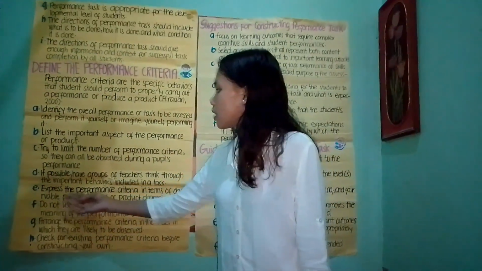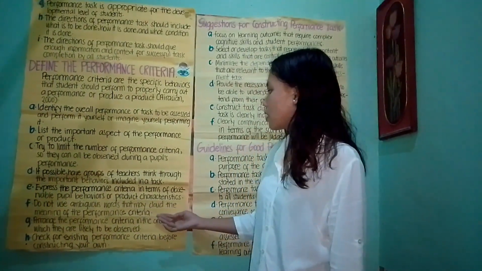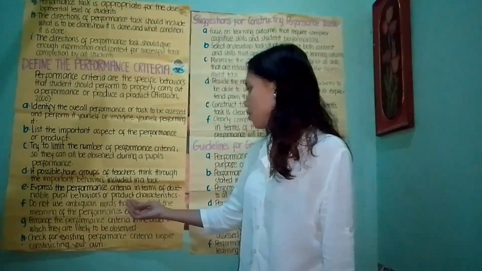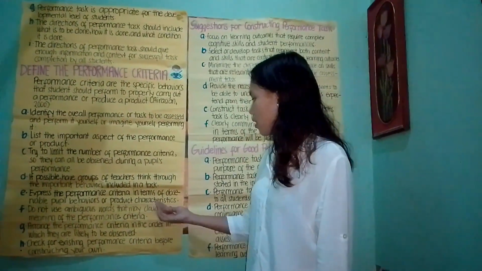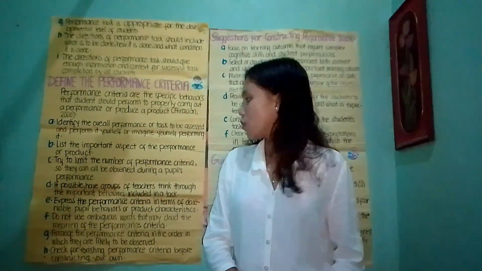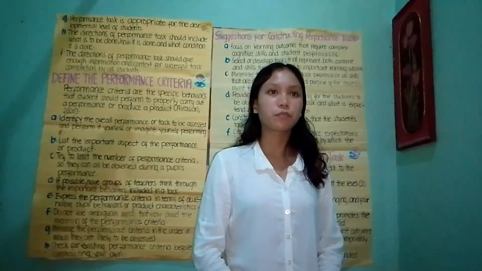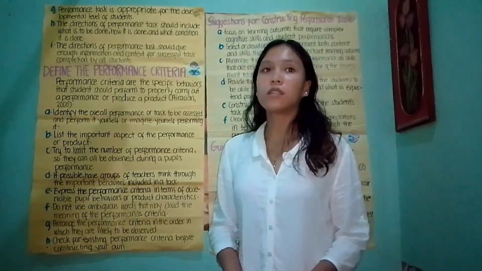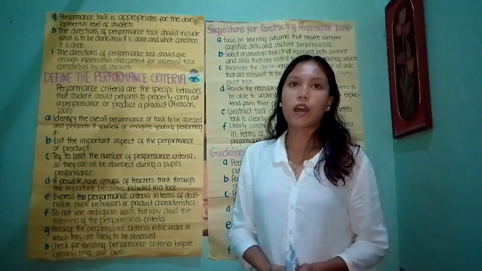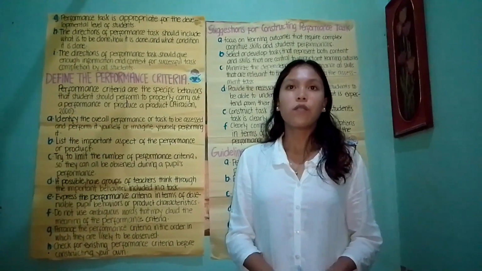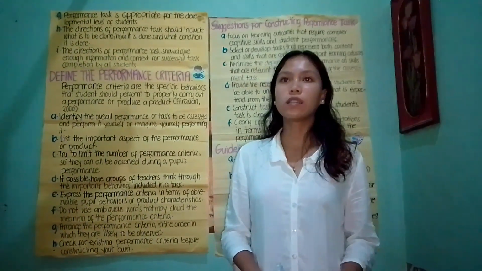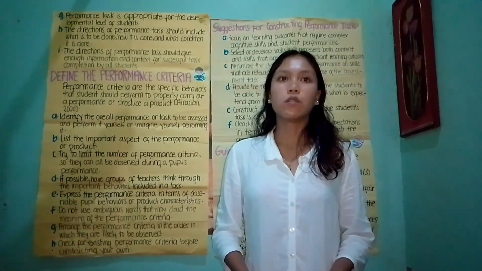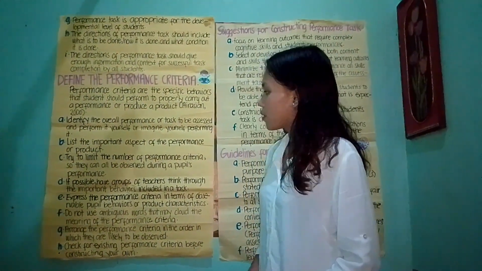Letter E is expressing the performance criteria in terms of observable pupils' behavior or product characteristic. So letter E is describe the criteria clearly, focusing on what you can see the students do or create.